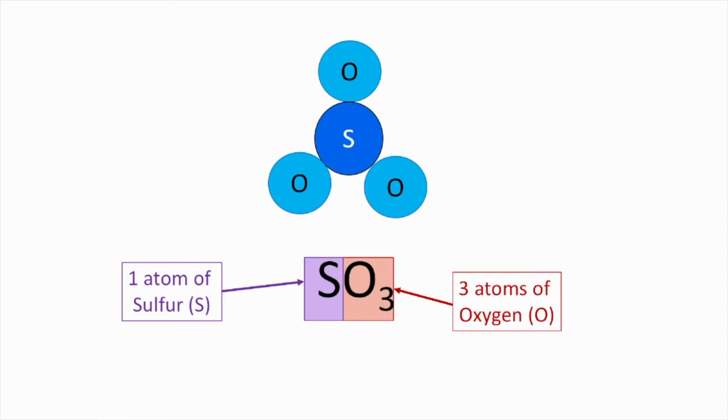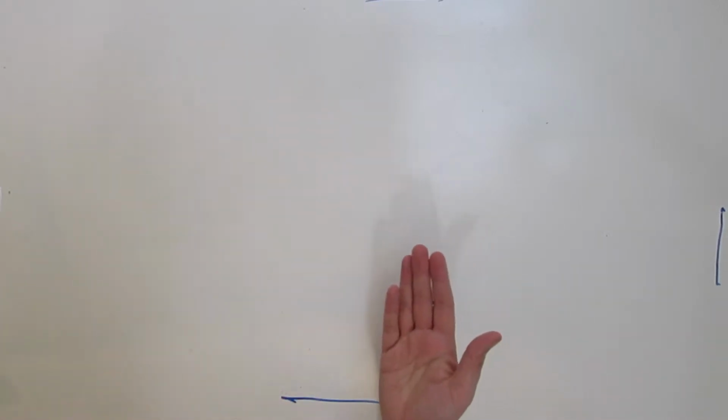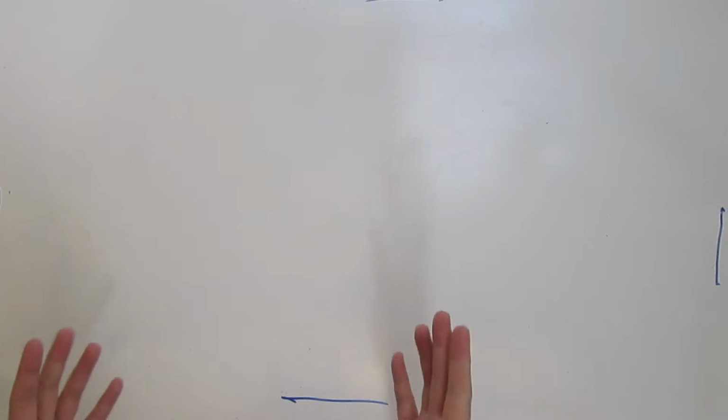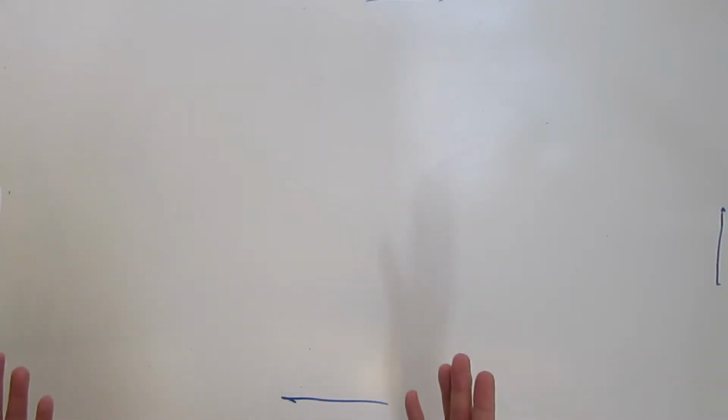So now let's take this idea of chemical packages, also called molecules, and let's use it to start balancing an equation and see what chemical recipes are all about. What I'm going to show you here is a way to use visual aids to look at these chemical recipes that we call balanced chemical equations.